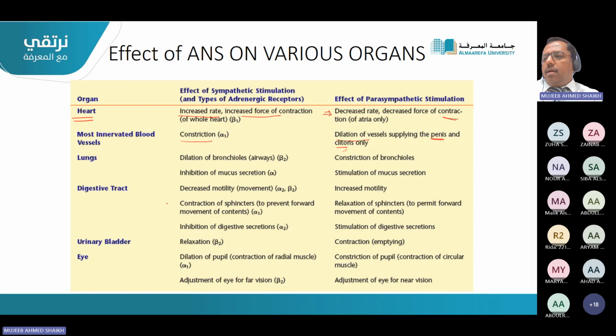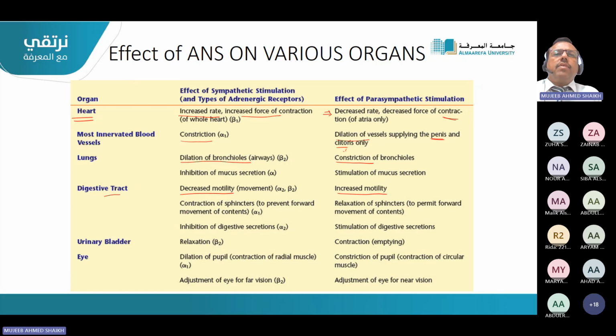Lungs: what is the effect of sympathetic on the lungs? Sympathetic will cause bronchodilation, whereas parasympathetic will cause bronchoconstriction. In the digestive tract, sympathetic will cause decreased gastric motility, and parasympathetic will cause increased gastric motility.